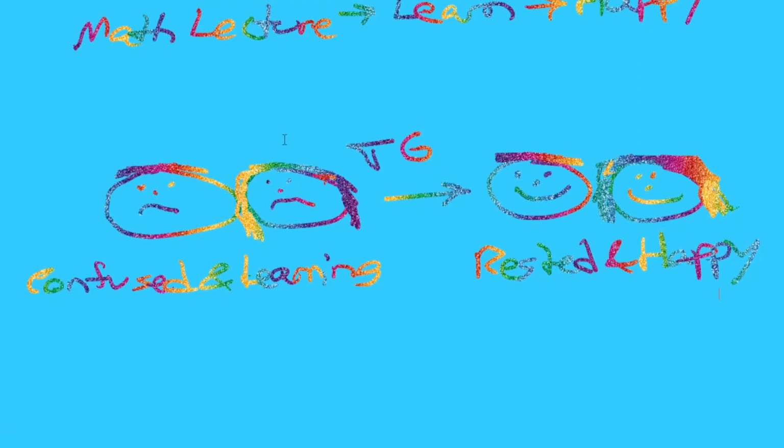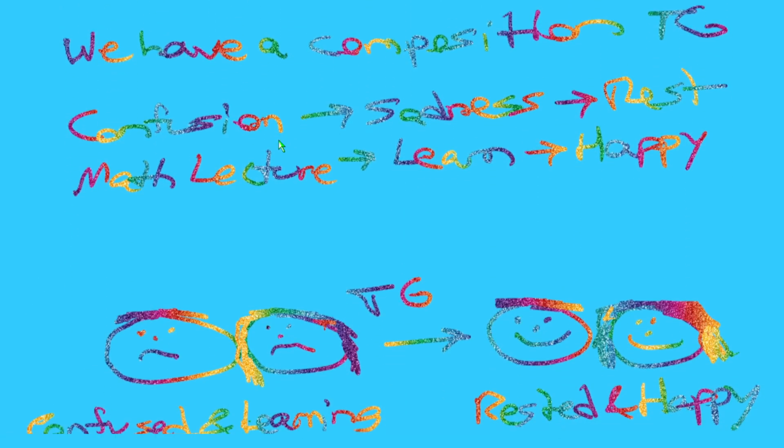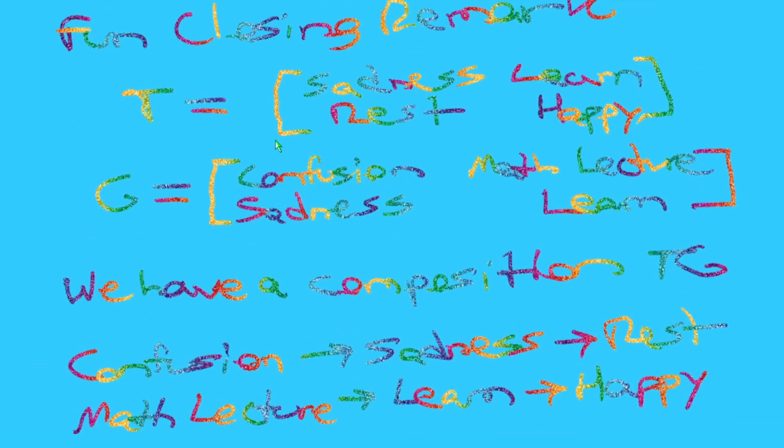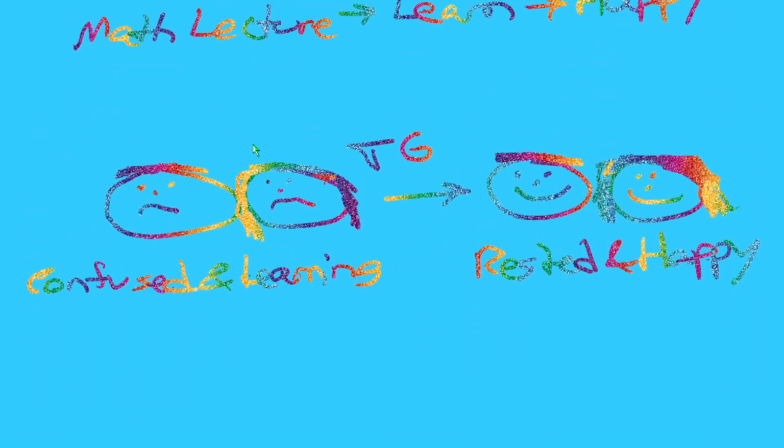So when we applied this permutation, when they were confused and learning, that led them to feel sadness, which hopefully led them to rest. And then hopefully it led them to want to find a math lecture, which let them learn and which let them be happy. And the reason I say this is I hope that these lectures that you've been watching, and if this is your first time watching, hopefully this video has helped you. Maybe you might feel a little better about this topic.